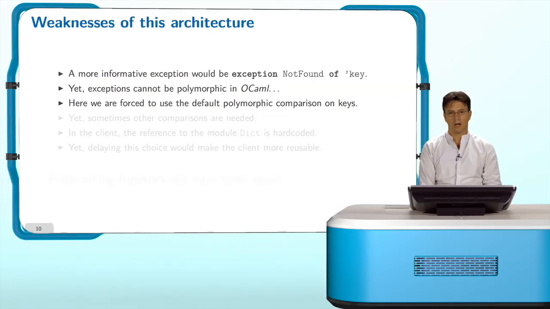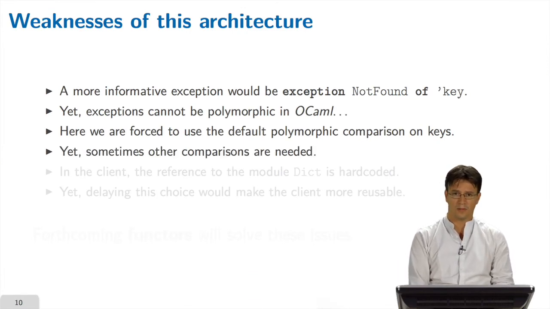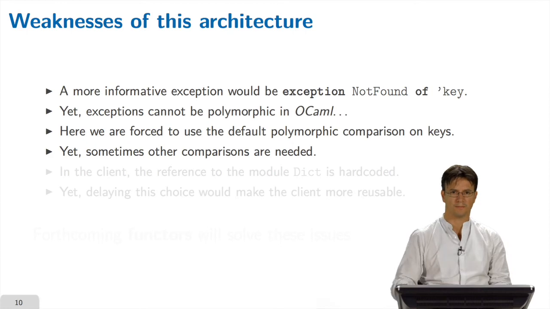Also, our dictionary implementations based on trees and lists are using the default polymorphic comparisons of values that OCaml provides, but sometimes it can be convenient to define another comparison, and that's not really possible in our implementation.